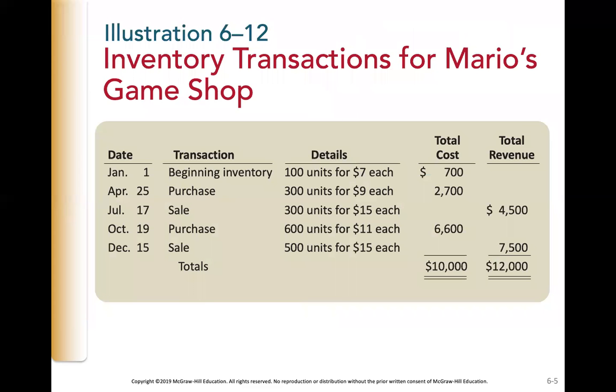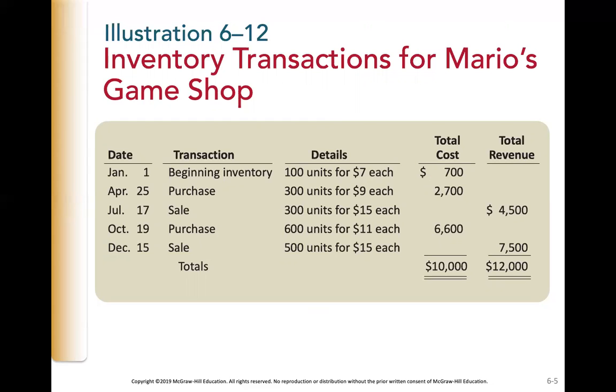So looking back at Mario's game shop, we remember that Mario had beginning inventory, and then he had 2 sales and 2 purchases. This time we're going to put things in the date order in which they happened. So he had a beginning inventory on January 1st, totaling $700. Then he made a purchase on April 25th for 300 units for a cost of $2,700.